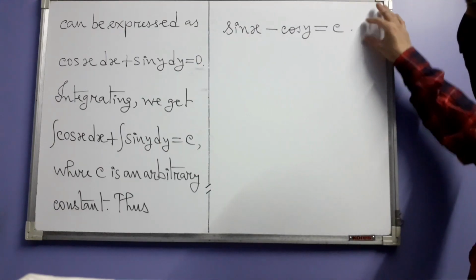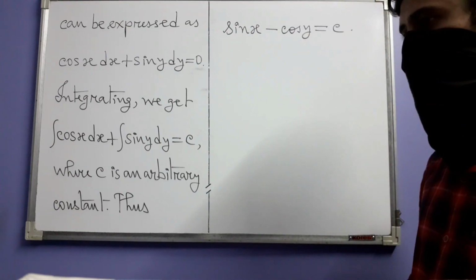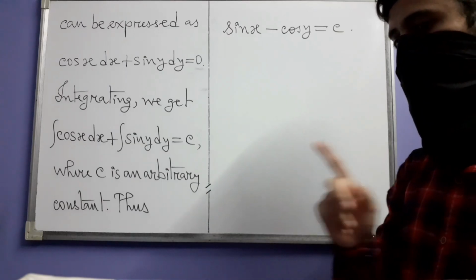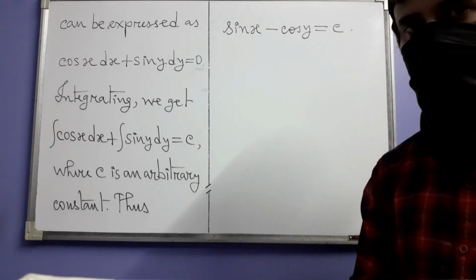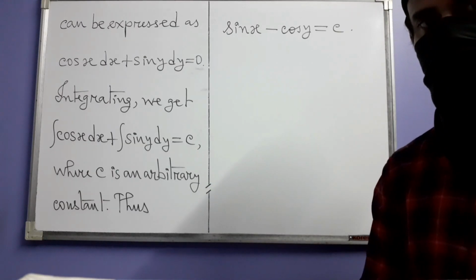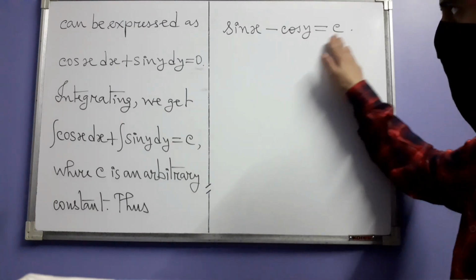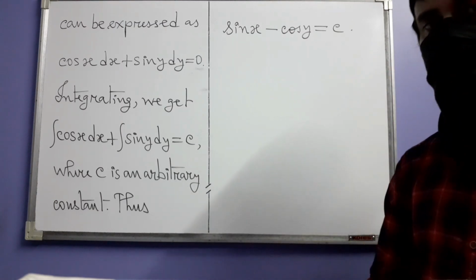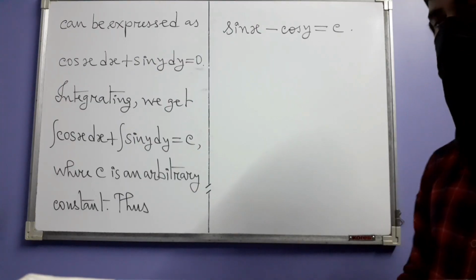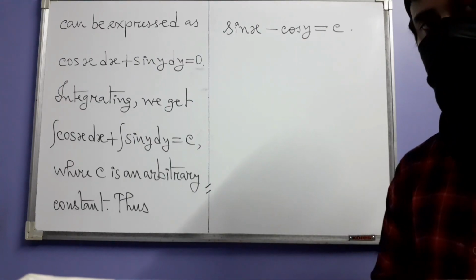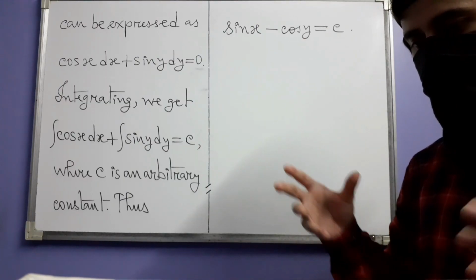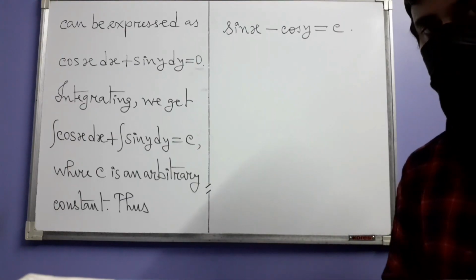Whether this implicit solution really gives you an explicit solution of the differential equation is yet to be seen, but we do not care at this stage. Getting this is our aim. We will think about those things afterwards, whether whatever we have got really is giving us solutions or not.